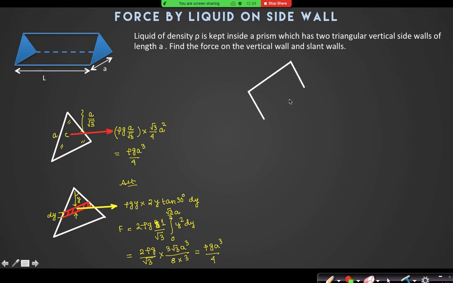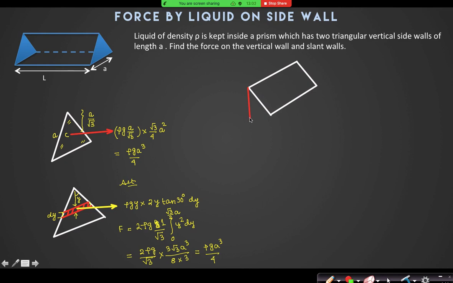Suppose this is the rectangular side face. I should slant it at an angle of 30 degrees with the vertical line. So if you check, it is inclined at 30 degrees from the vertical line.